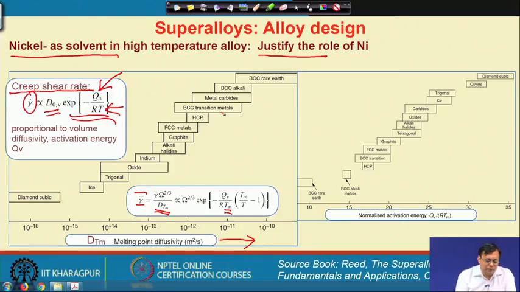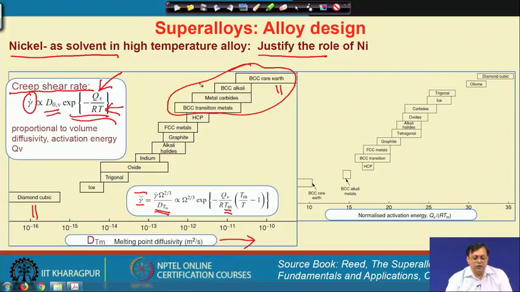The melt point diffusivity for a diamond cubic structure is very low compared to the BCC rare earth. You can see that the BCC transition metals and rare earths all lie here, whereas ice has a relatively lower diffusivity than the BCC elements.